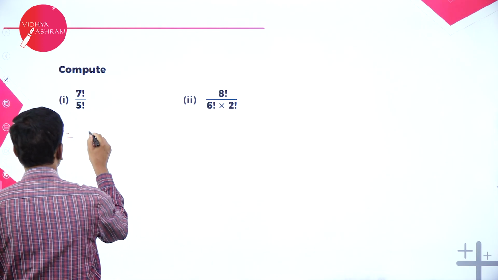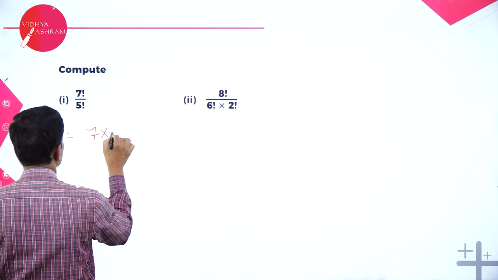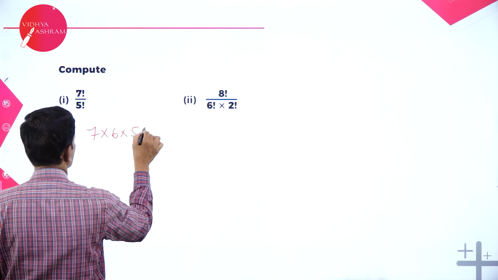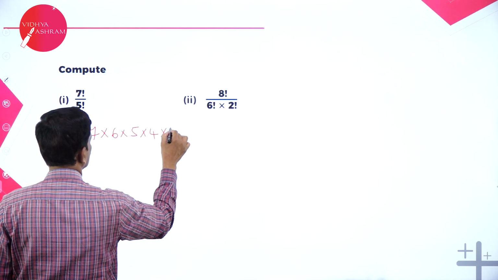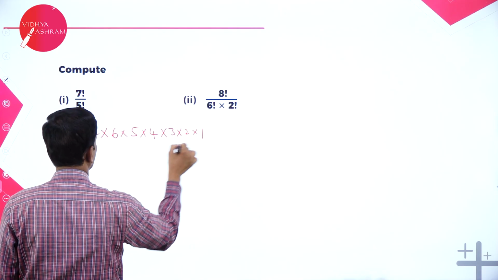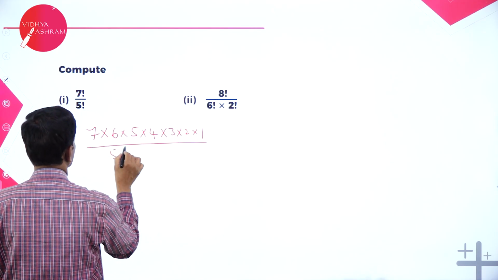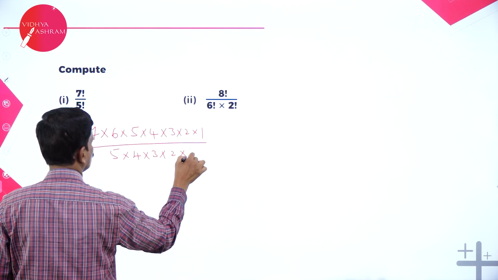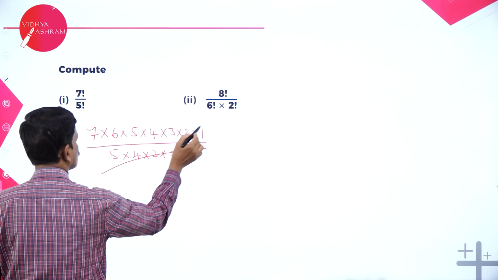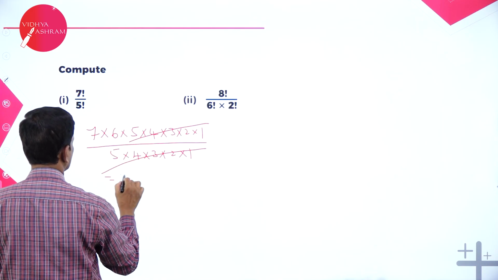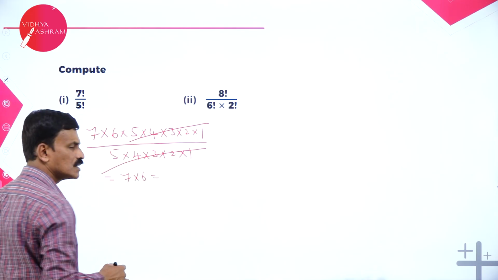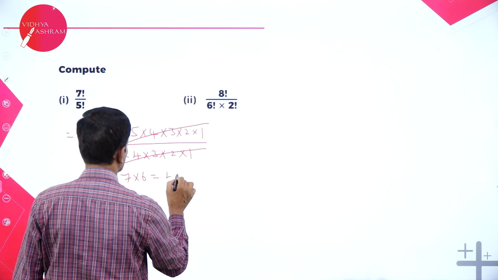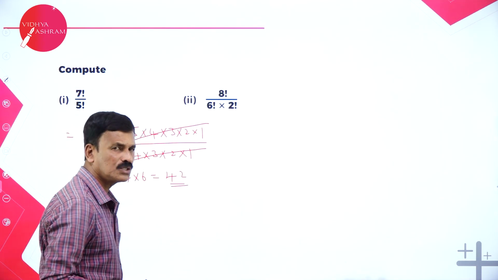This is very simple. 7 factorial, you know, is 7 into 6 into 5 into 4 into 3 into 2 into 1 divided by 5 into 4 into 3 into 2 into 1. So, the 5 into 4 into 3 into 2 into 1 gets cancelled. What is left over is 7 into 6. 7 6s are 42. The answer is 42. Okay.